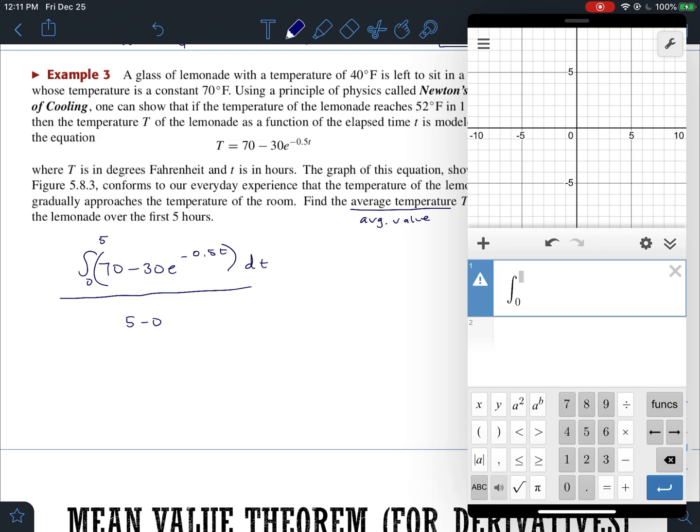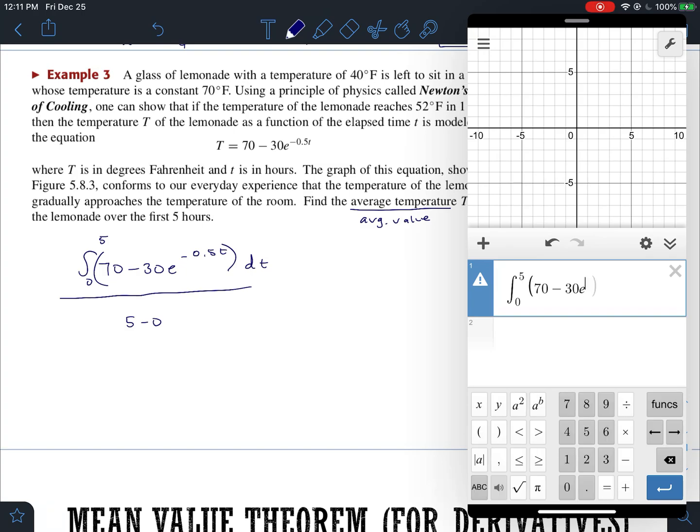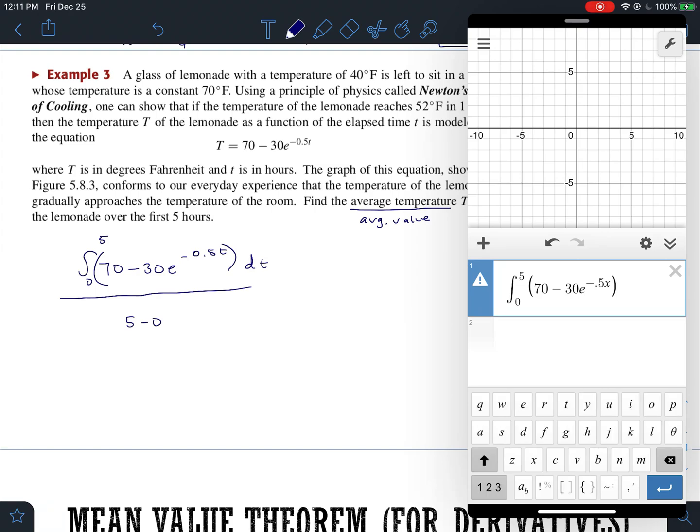Instead of doing this by hand, we're going to let Desmos do it. So we're going to go between 0 and 5, and we're going to integrate 70 minus 30, and then e raised to the negative 0.5x, and then dx.